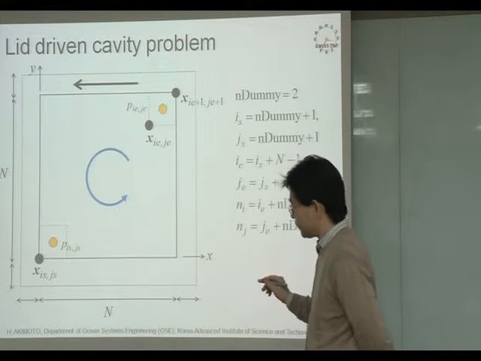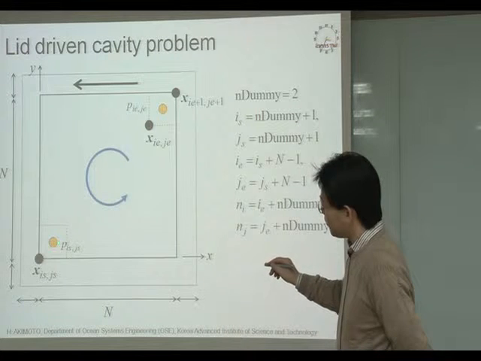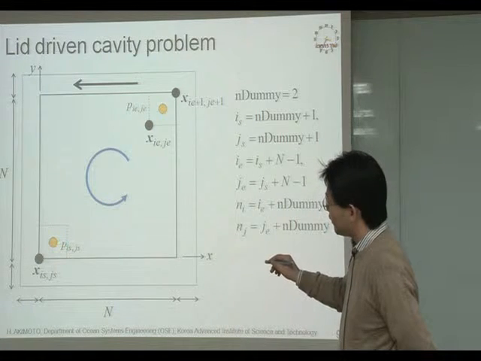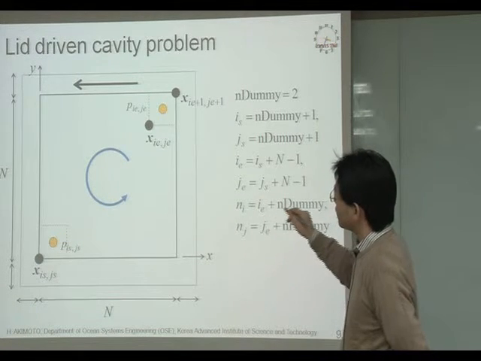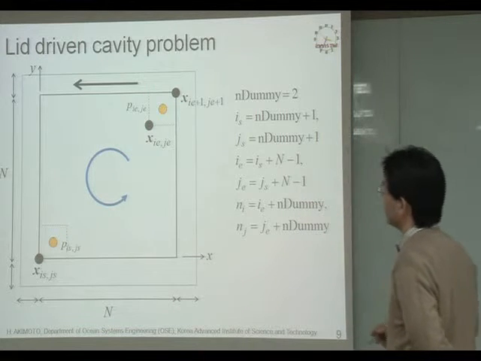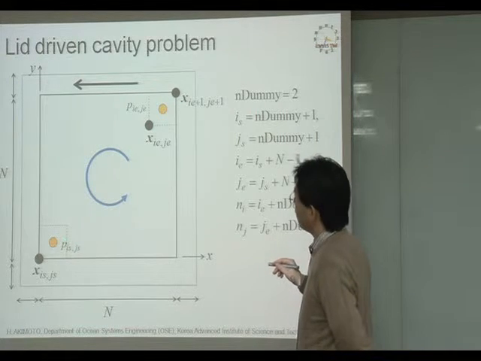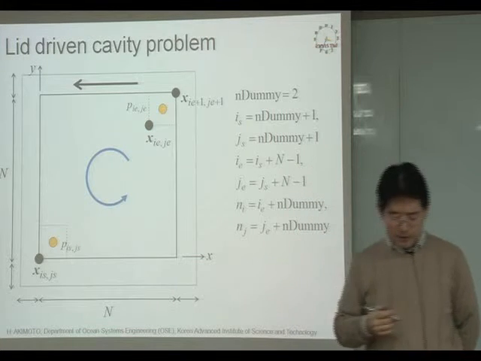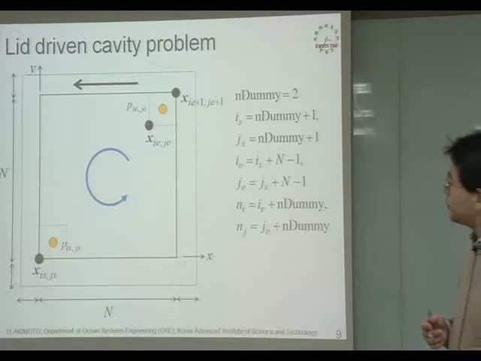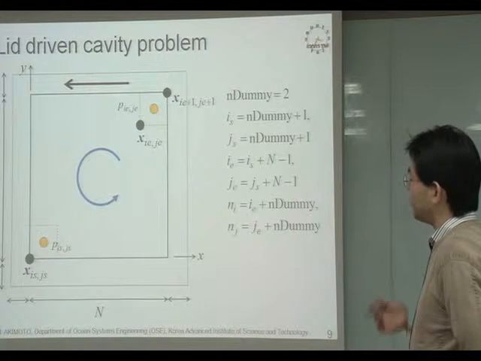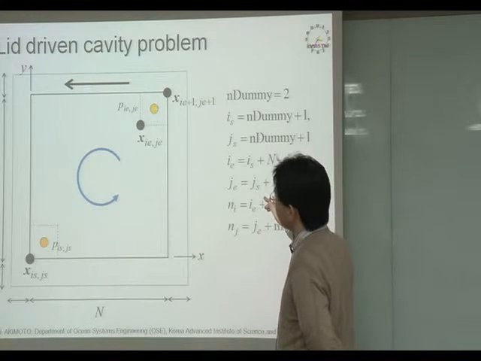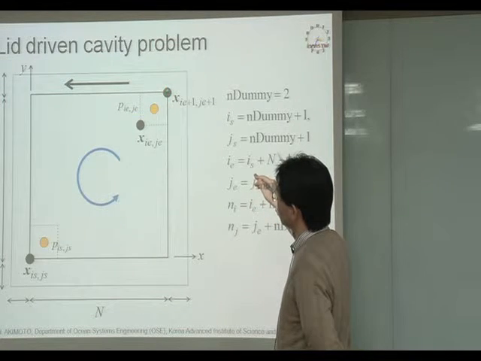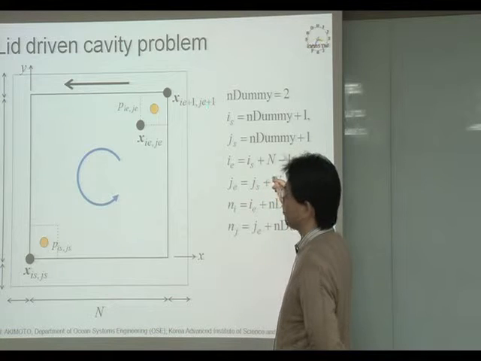So in this case, the numbering is from, this is the first one, the next one is in this direction, and it goes like this, and the last one is here. So since the present definition of mesh points and primary control volumes, the last pressure point is P(IE,JE), and the last mesh point is (IE+1, JE+1).